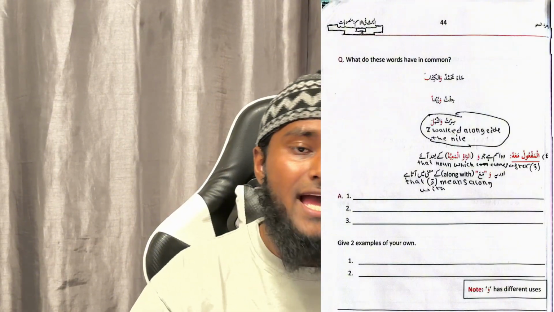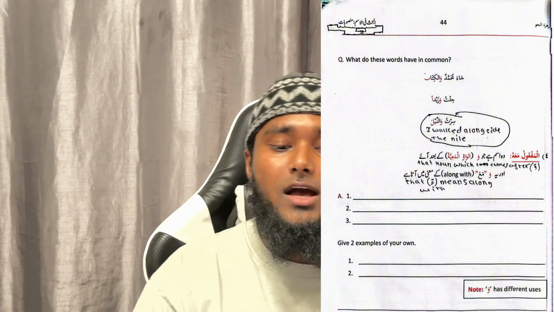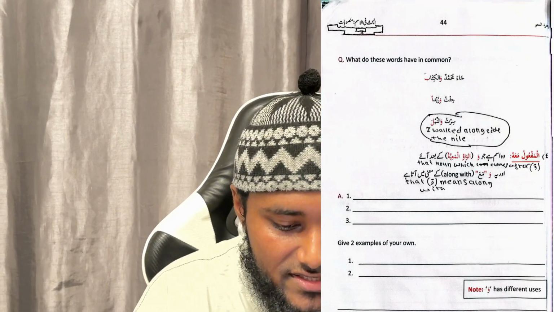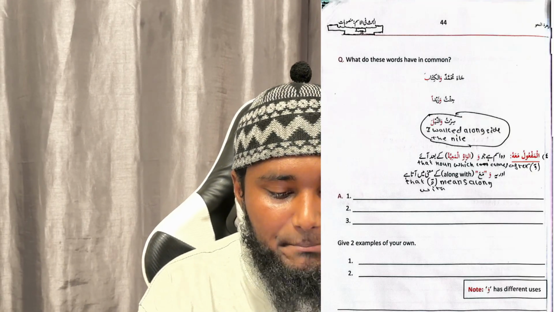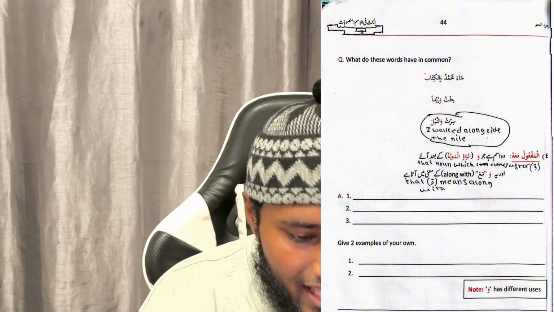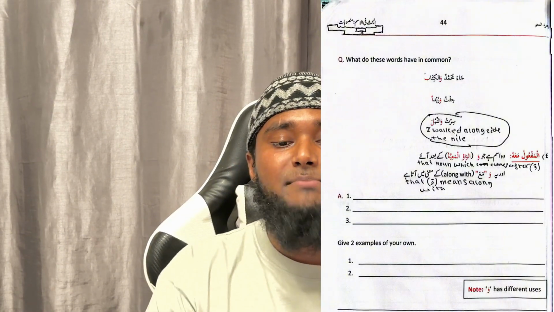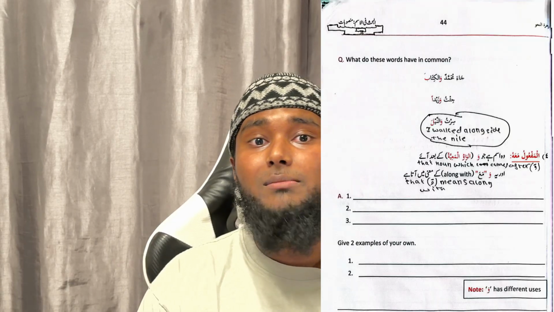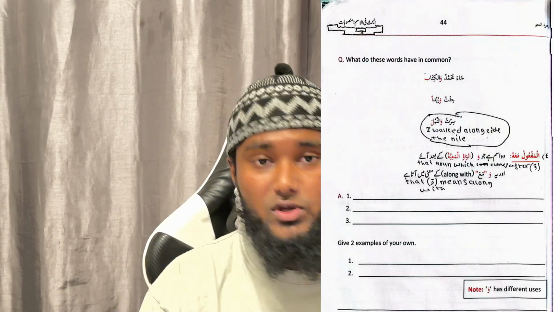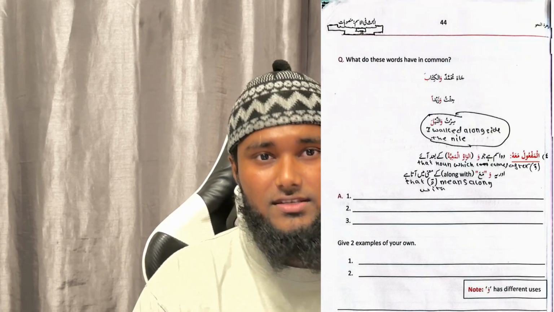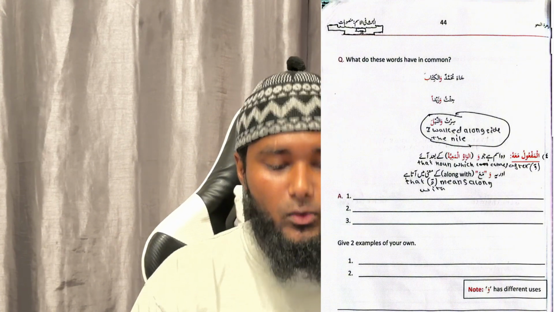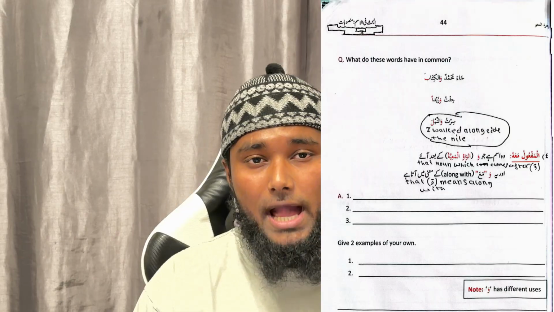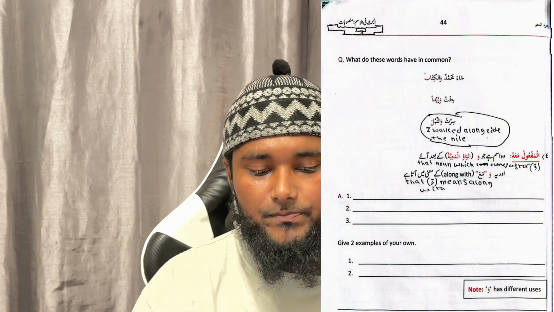Now you'll understand this chapter better when you go through the examples. So the first example that the author brings is جاء محمد والكتاب. So Muhammad came with the book. So this waw is wawul ma'iyyah, and we know that because the word after it is in the nasab case. جاء محمد والكتاب means Muhammad came with the book.